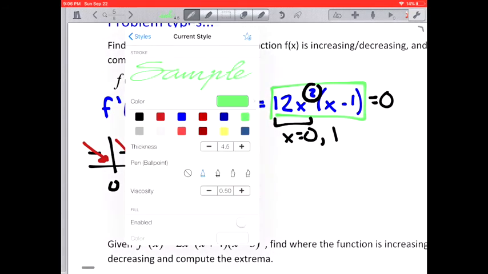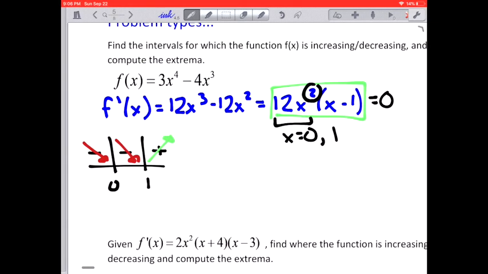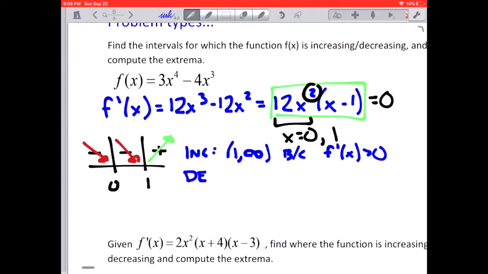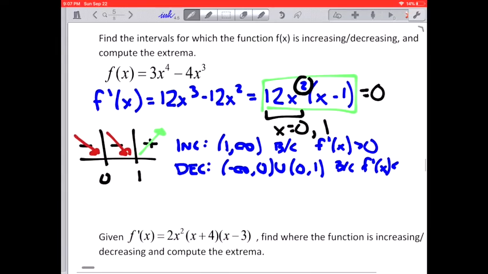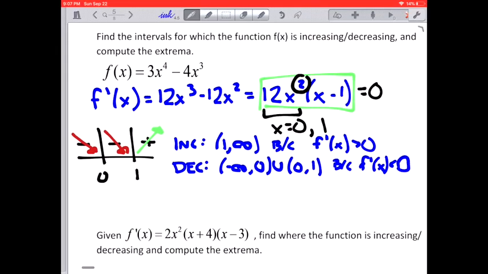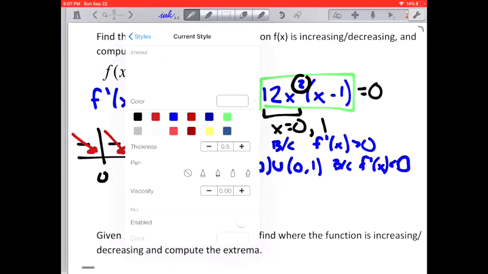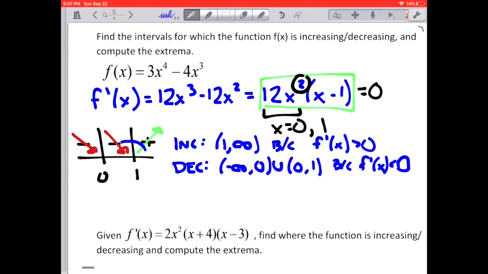So I would say that it is increasing on the interval 1 to infinity, because the derivative, so I'm going to use a little shorthand, because f prime of x is greater than 0, it is decreasing on negative infinity to 0 union 0 to 1, because f prime of x is less than 0.